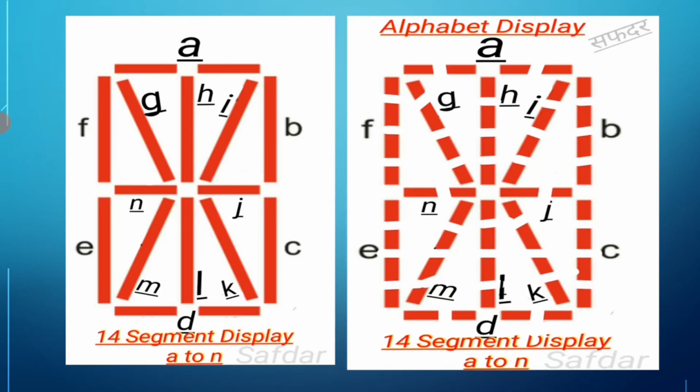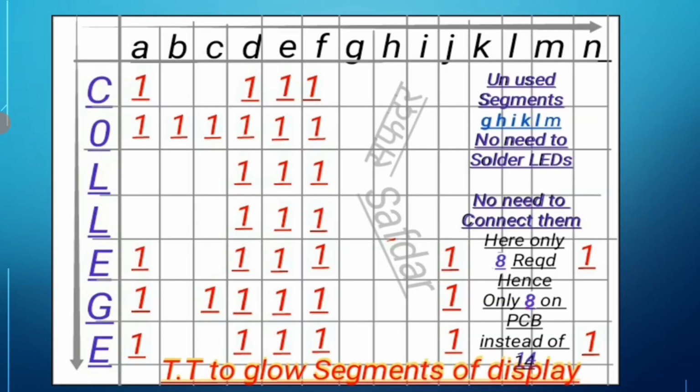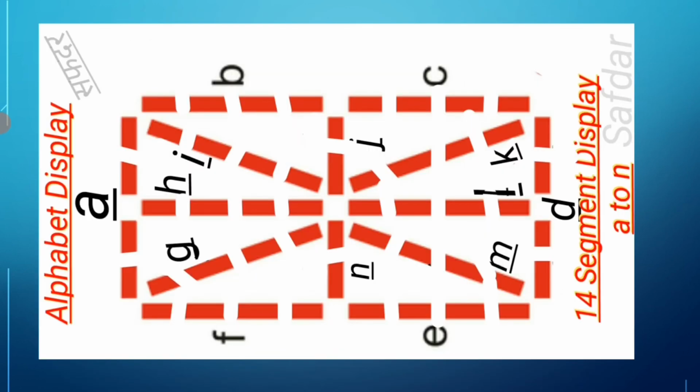Similarly for O, only the outer segments are glowing, meaning A, B, C, D, E, F are glowing. All inner ones are not glowing. In this way you can connect.